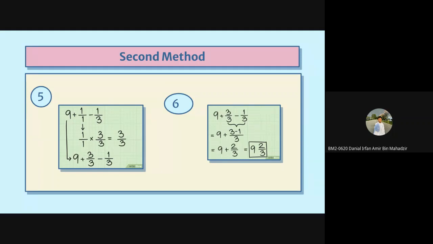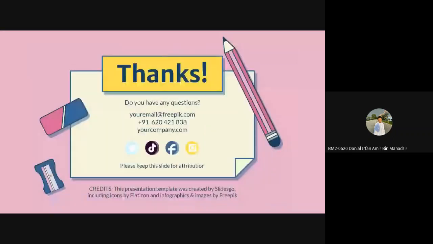Then the last step is we just subtract like usual. 9 plus 3 minus 1 over 3, and we will get the answer 9 plus 2 over 3, equal to 9 2 over 3. Next. That's all from us. Thank you.